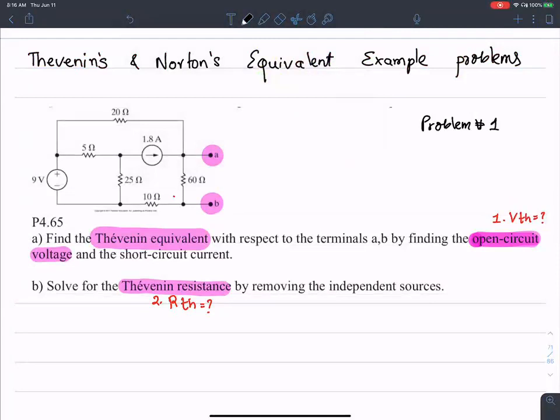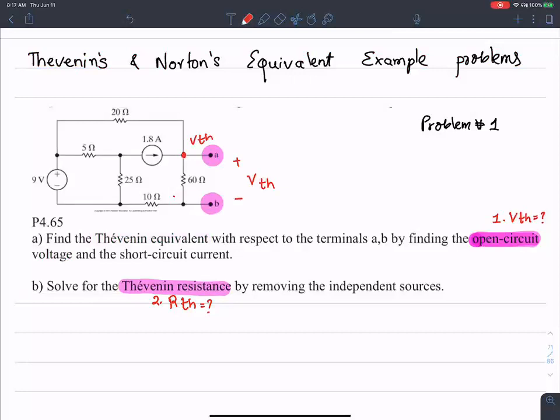So what we are going to do is, let me run through the steps one time, and then I let you work on the next problem yourself. So I'm going to call this VThevenin. So that makes the voltage at the node over there equal to VThevenin.